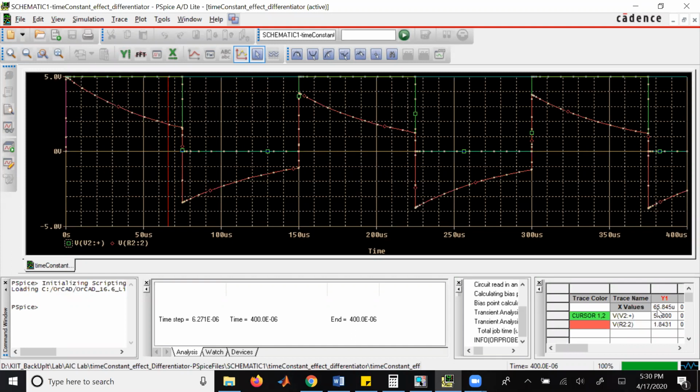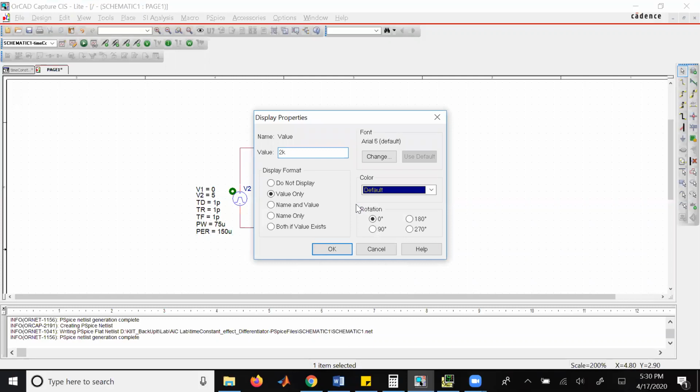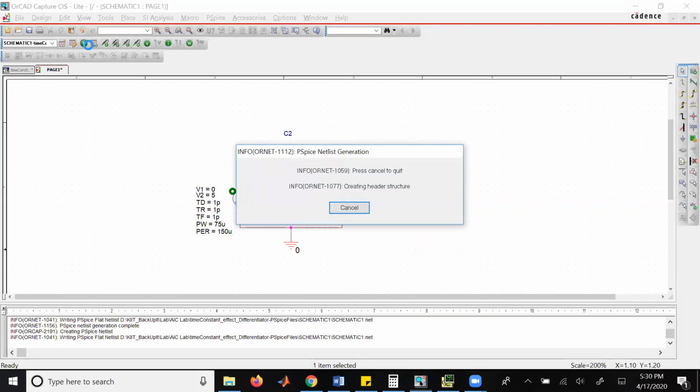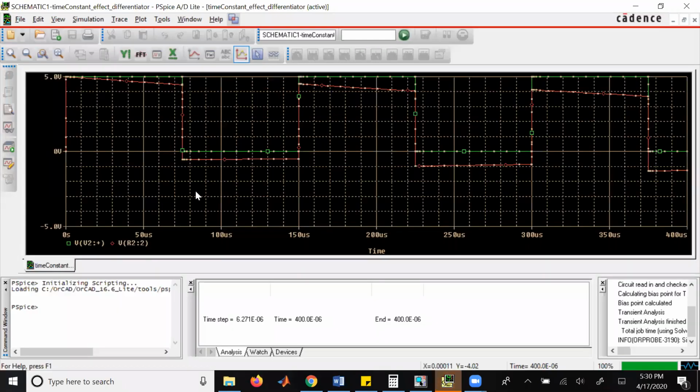Okay, now let's see if we increase or decrease the value of time constant, what effect we are going to have on the circuit. So initially, let's make very high value of this resistor. So now we are increasing the time constant by making it 20 kilo ohm. Now let's run it and we observe. So let's see the output now. Of course, now we can see the discharging of the capacitor is very slow, right?